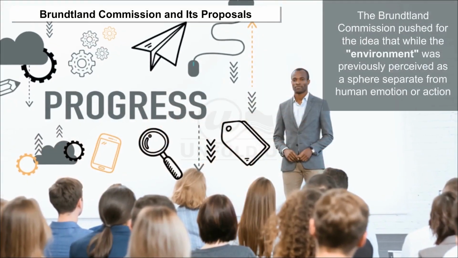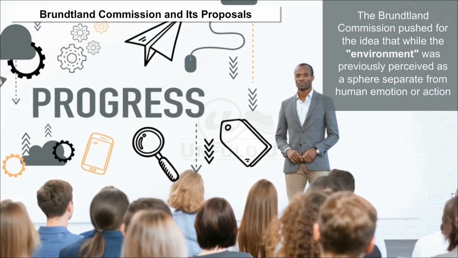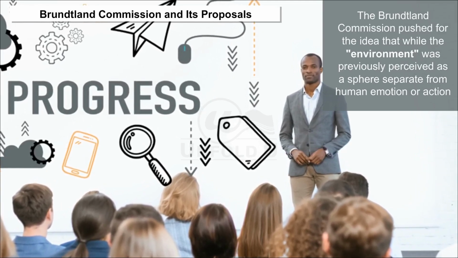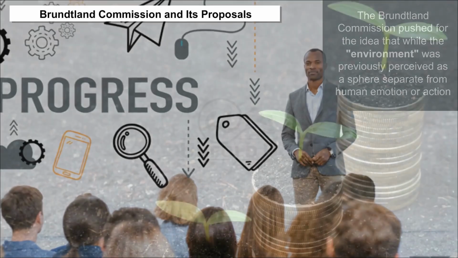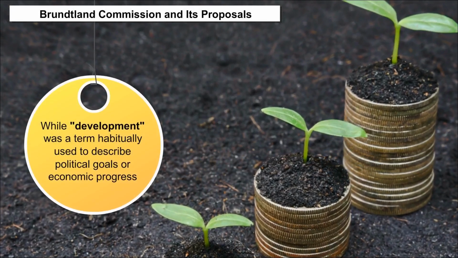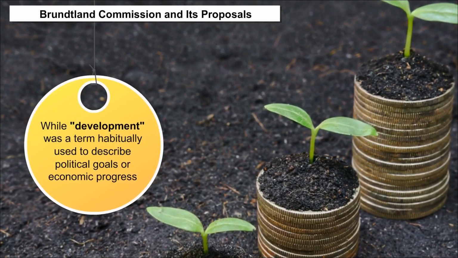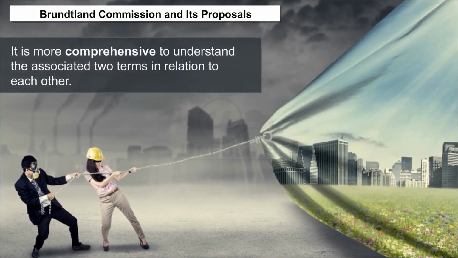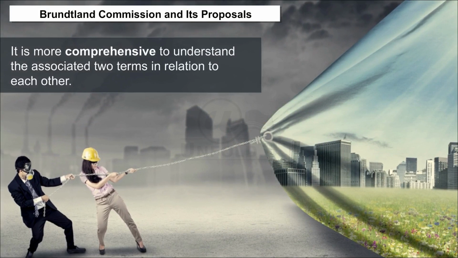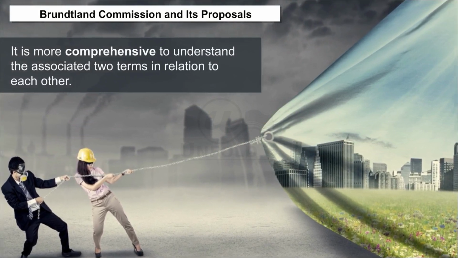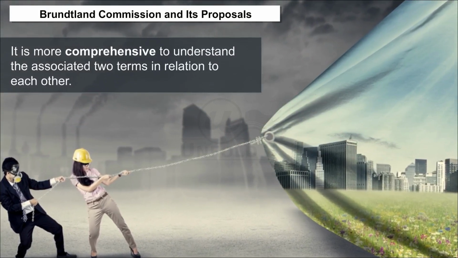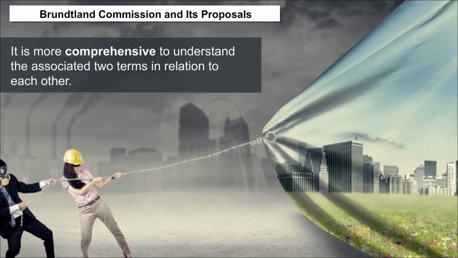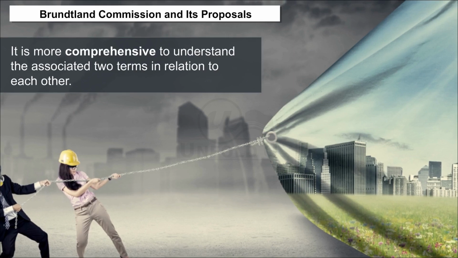The Brundtland Commission pushed for the idea that while the environment was previously perceived as a sphere separate from human emotion or action, and while development was a term habitually used to describe political goals or economic progress, it is more comprehensive to understand the two terms in relation to each other. We can better understand environment and development both, because they cannot and should not be distinguished as separate entities.